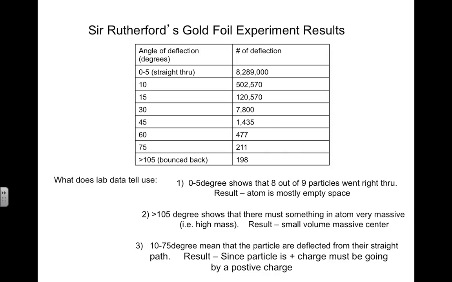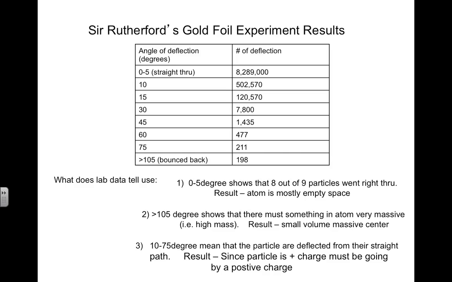If the particle goes through the gold leaf and takes a right-hand turn and goes right up the gold leaf, that would be 90 degrees. If the particle hit the gold leaf and bounced directly back, that of course would be 180.